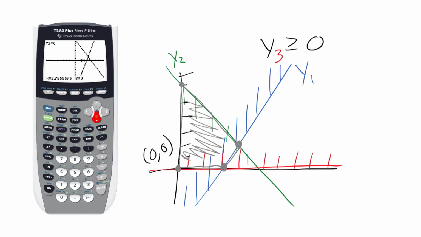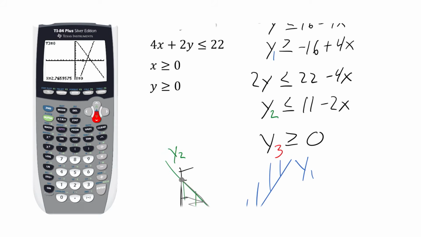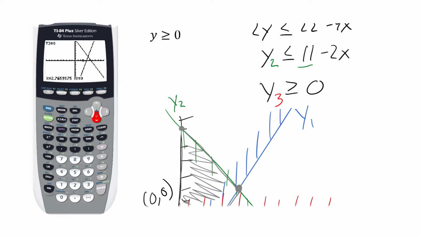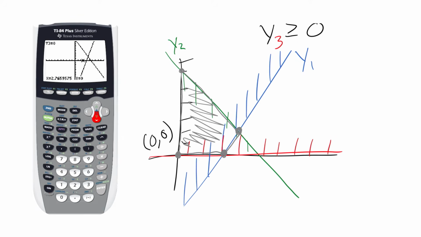If we scroll up here to our y2 inequality, we have it in the form y equals mx plus b, where b is the y-intercept. And so we can see that the y-intercept would be 11. So we already have that value. So that point would have an x value of 0 and a y value of 11.